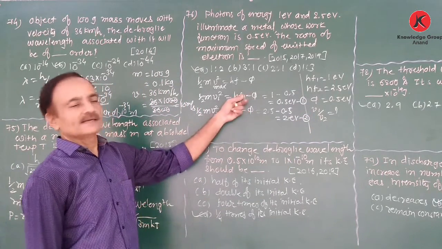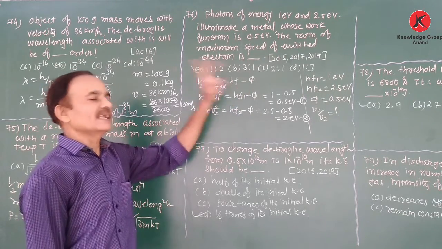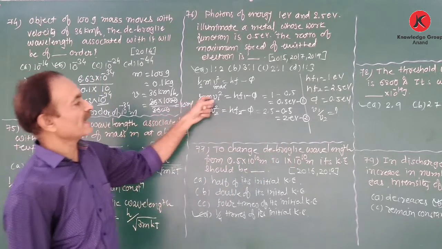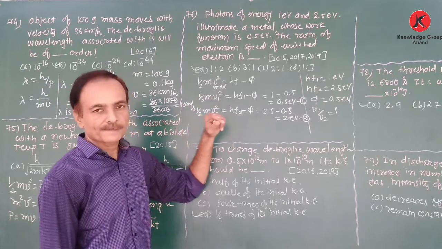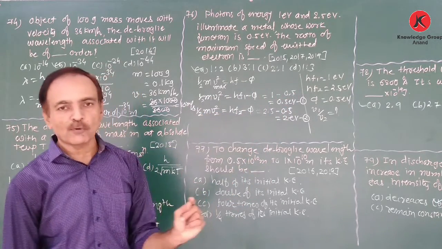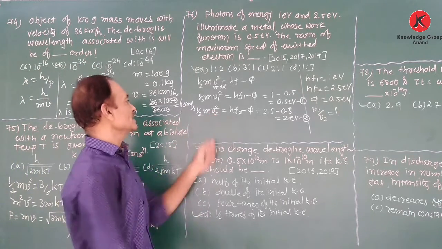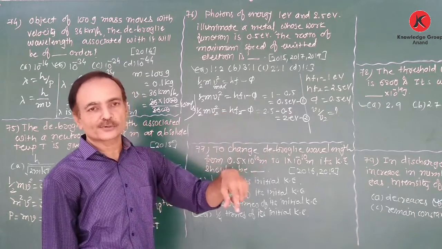Thus we obtain the kinetic energy: in the first case, when the energy 1 electron volt is incident, the maximum kinetic energy half m v1 square is 0.5 electron volt. When the incident radiation has energy 2.5 electron volt, the maximum kinetic energy half m v2 square is equal to 2 electron volt.